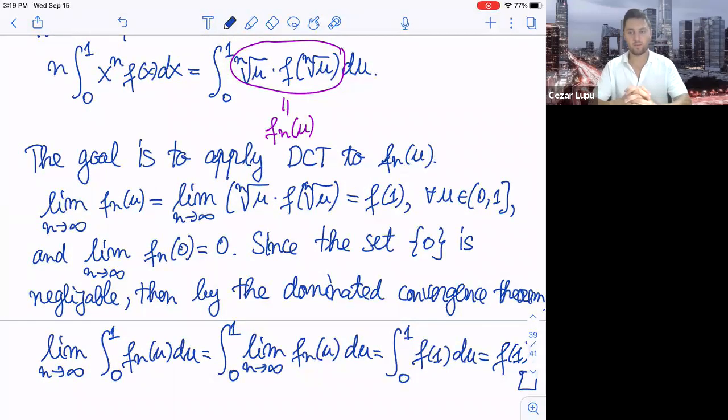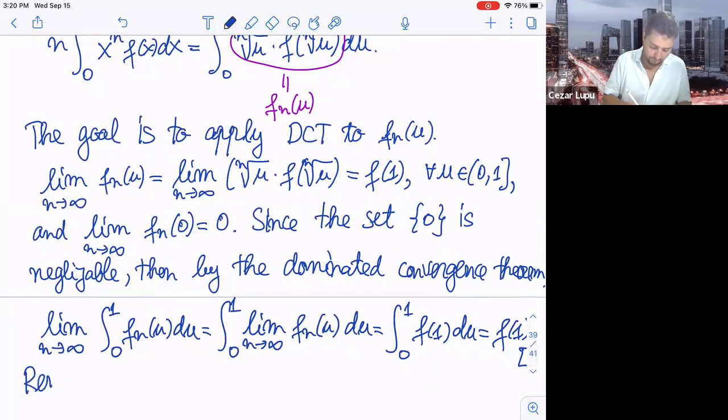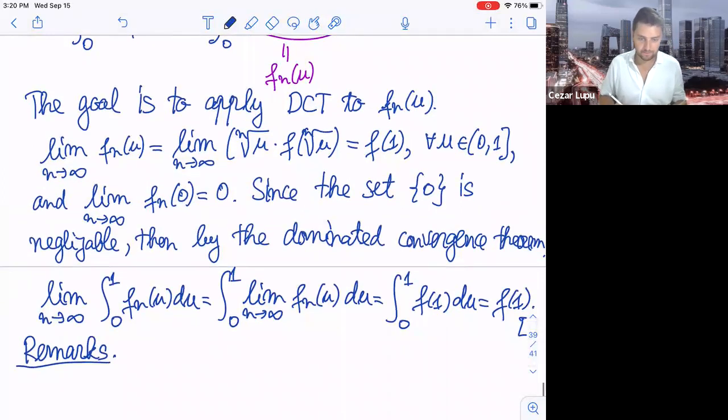You can play around with many other examples of this type, and I'll give you one and leave it to you as homework to have fun with. So the first remark that I have in mind is the following.